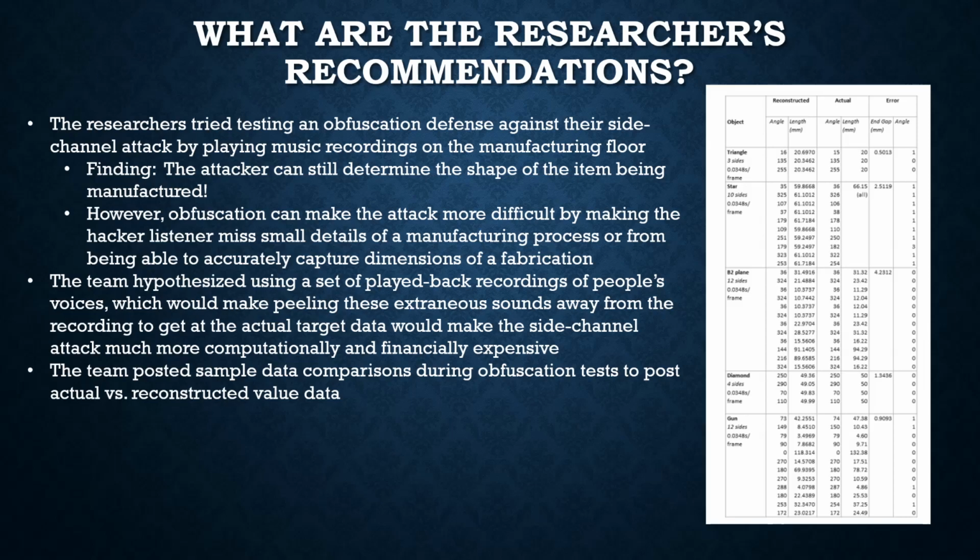So take a look at this table over on the right that I grabbed from the paper itself, and you can compare a column of reconstructed versus actual, and then the error margin between what was actually intended to be duplicated and what the side channel attack produced.